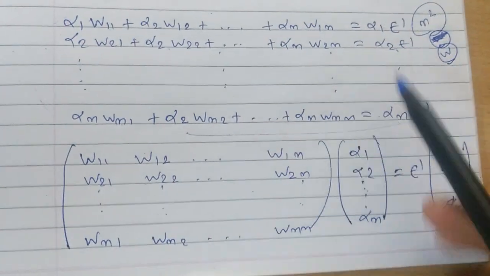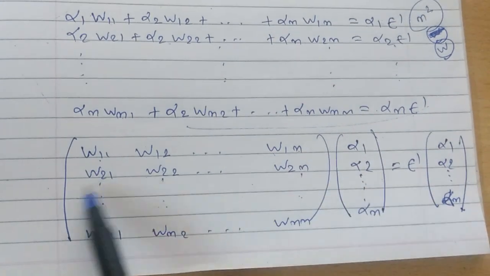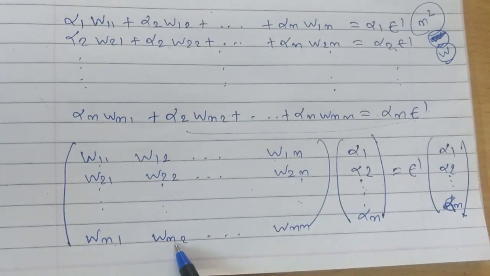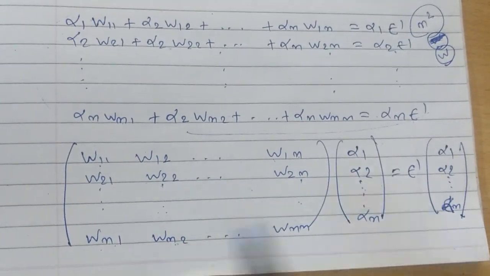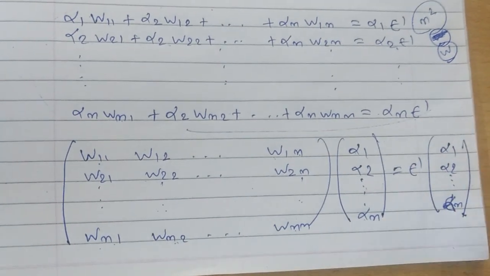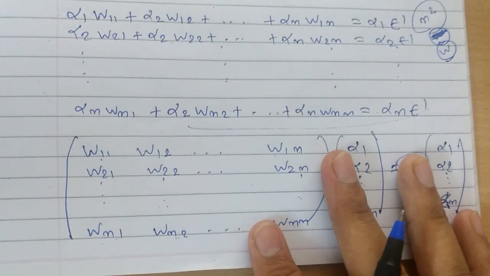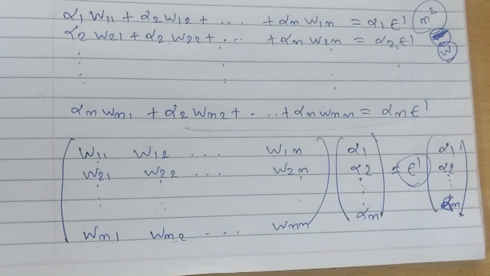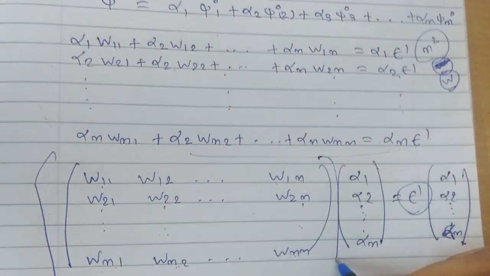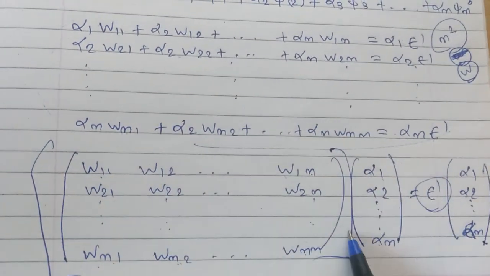Now rewriting this in matrix form, we get the matrix with rows W11 W12 up to W1n, W21 W22 up to W2n, and the last row Wn1 Wn2 up to Wnn, multiplying the column alpha 1, alpha 2 up to alpha n, equals E1 times the same column. In order to find the energy for n-fold degeneracy, we just need to find the eigenvalues of this matrix, and that's all.